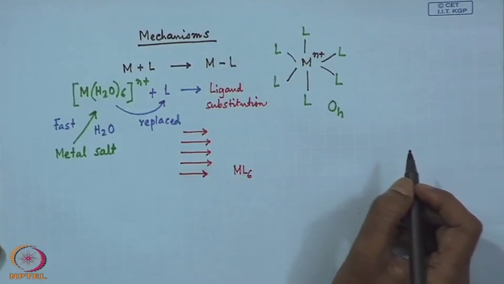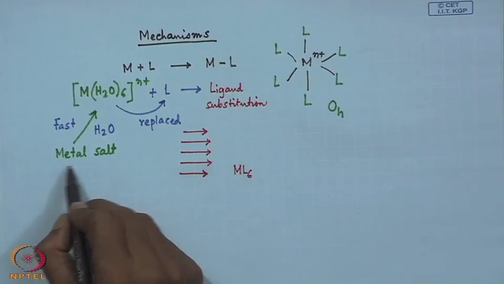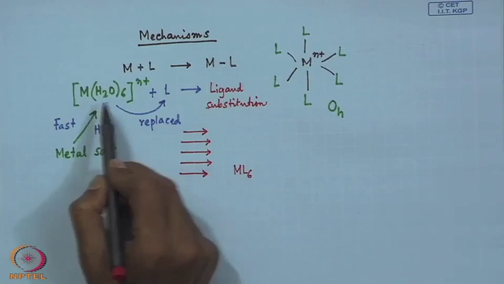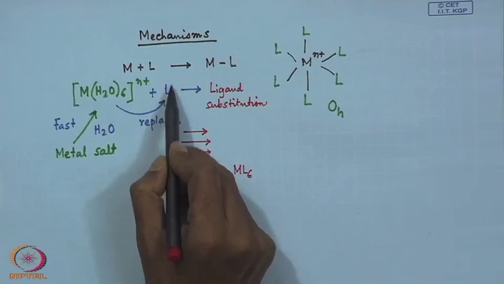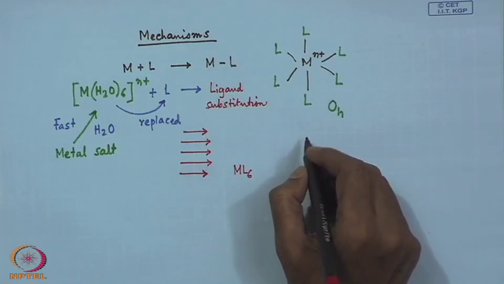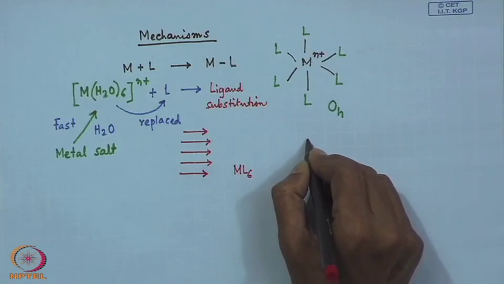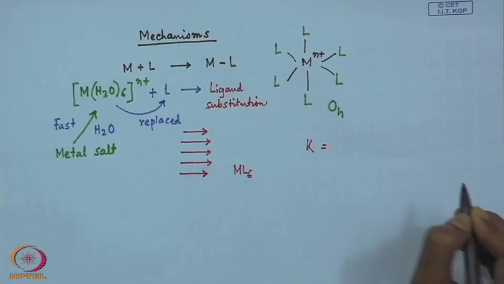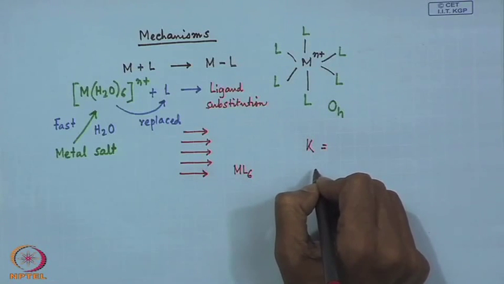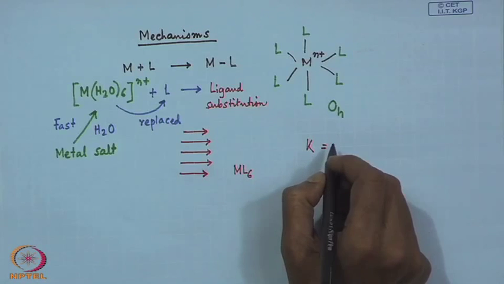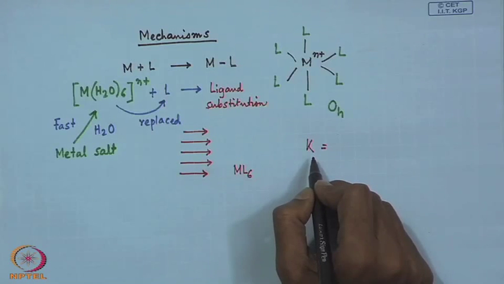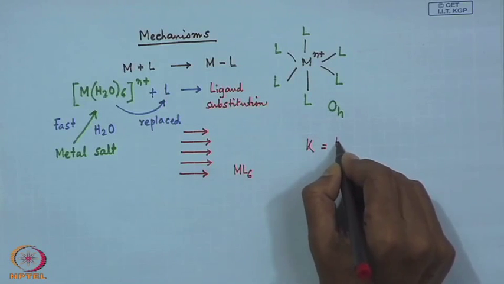If we can monitor the concentration of either the free metal salt or the aqua complex in solution, and we know the concentration of the ligand, the equilibrium formation constant K can be found out. Depending upon the nature of the ligand and its chelating behavior, if they are chelating, the stability constant of the metal complexes changes.